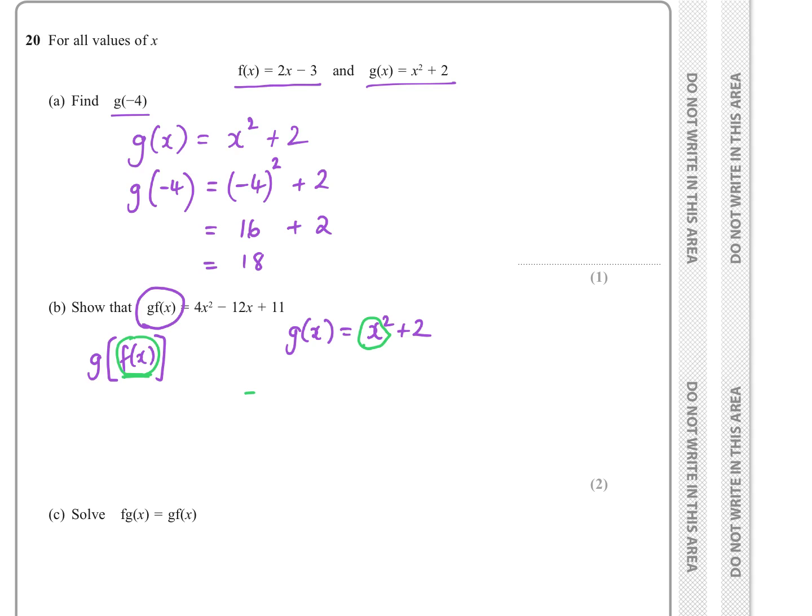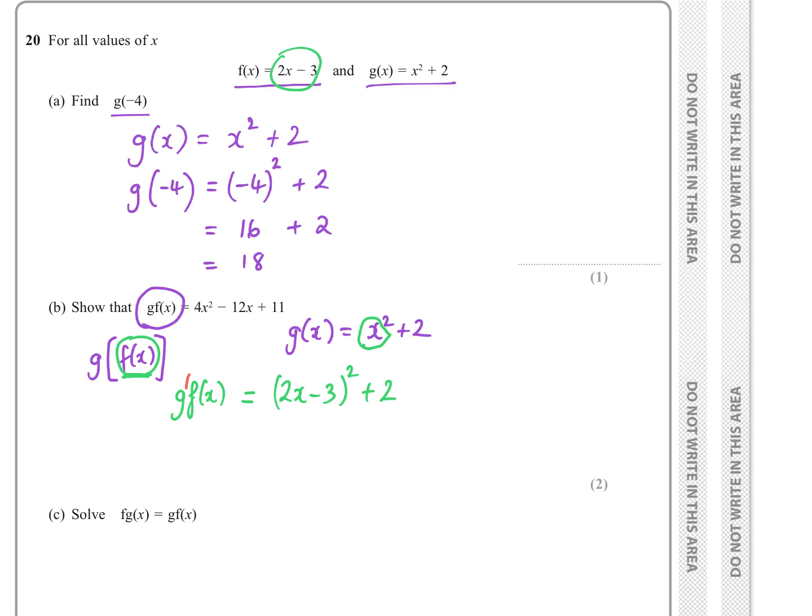So instead of writing x squared, we'd have the whole of the function f of x all squared, which is 2x minus 3 squared plus 2. And that's g f of x.